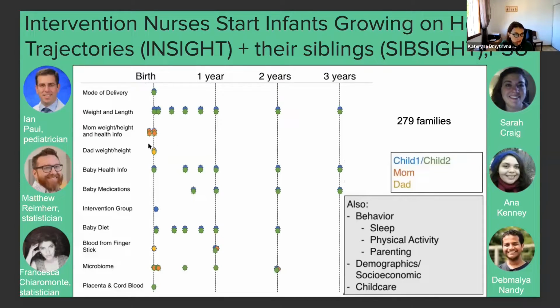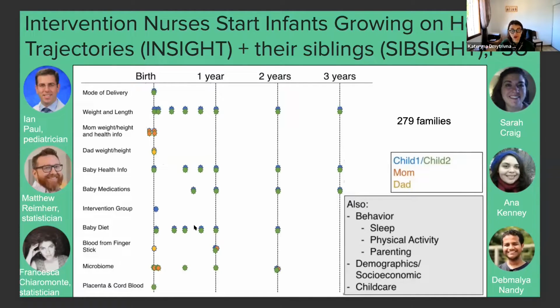Also, we had information about maternal weight, height, and health. The same for the father. A lot of information about baby health, about baby medication. Also, very detailed information about baby diet, whether the baby was bottle-fed or fed with breast milk.